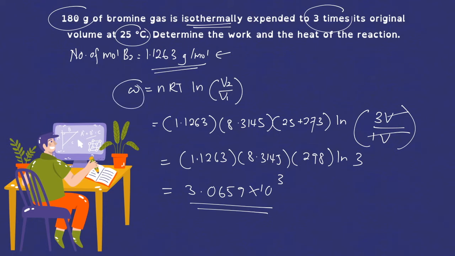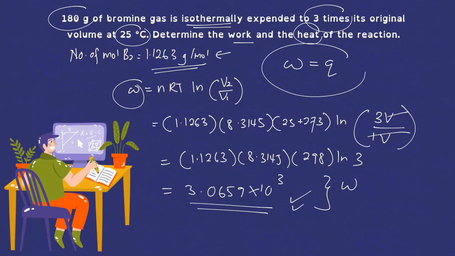Because this is an isothermal reaction, W is actually equivalent to Q. So the work is 3.0659 times 10 to the power of 3, and the heat should have the same value as well. So this value is for W and also for Q.